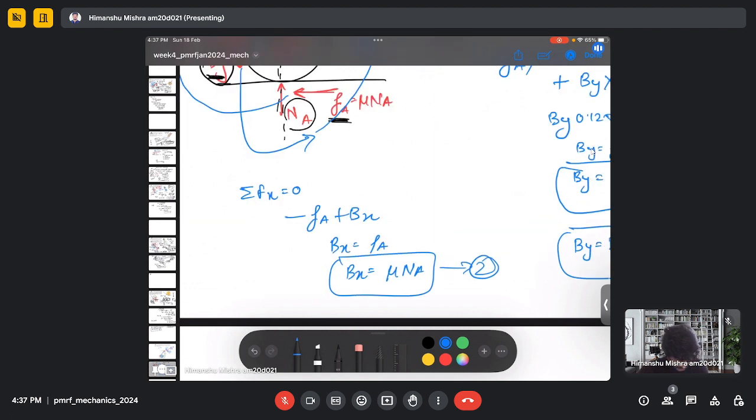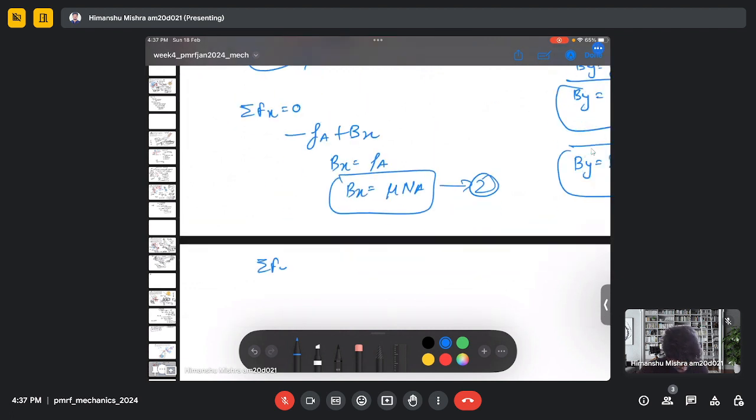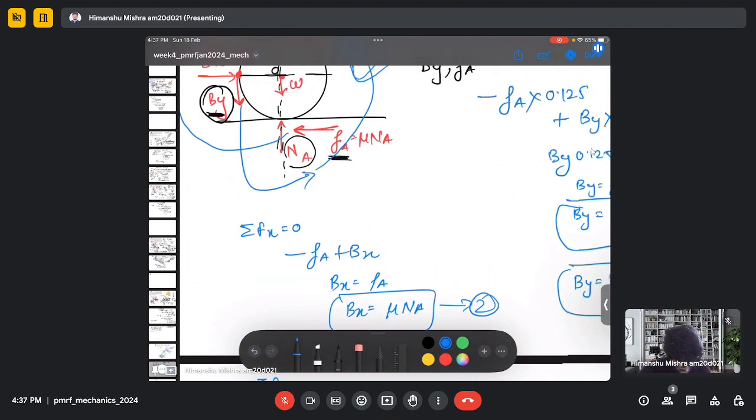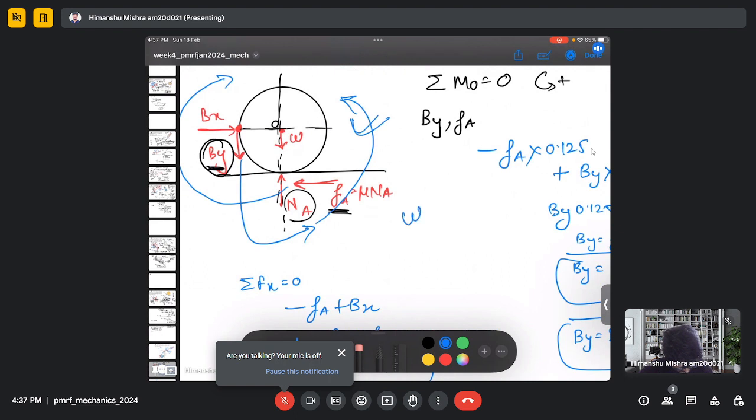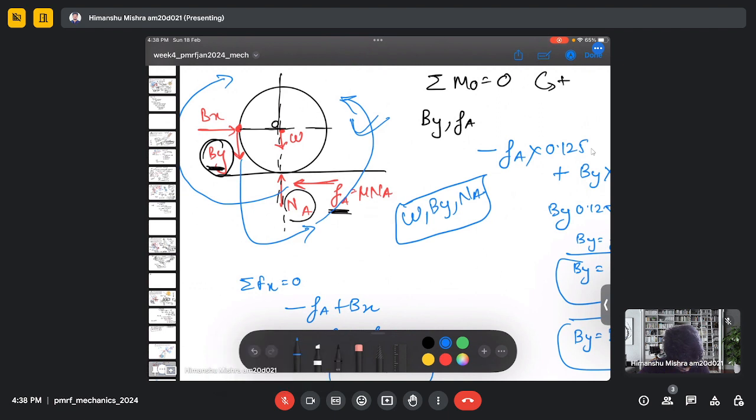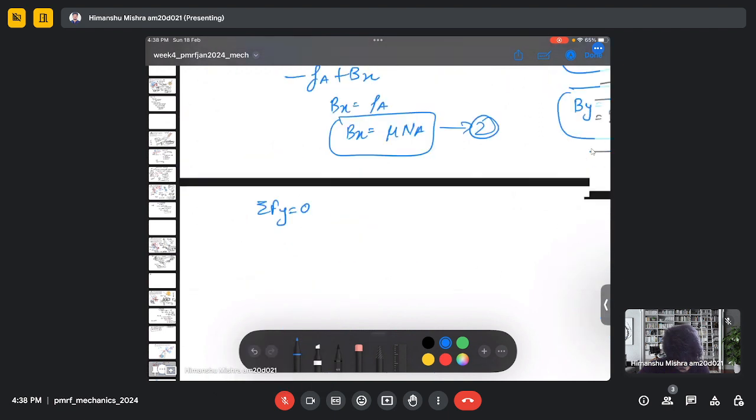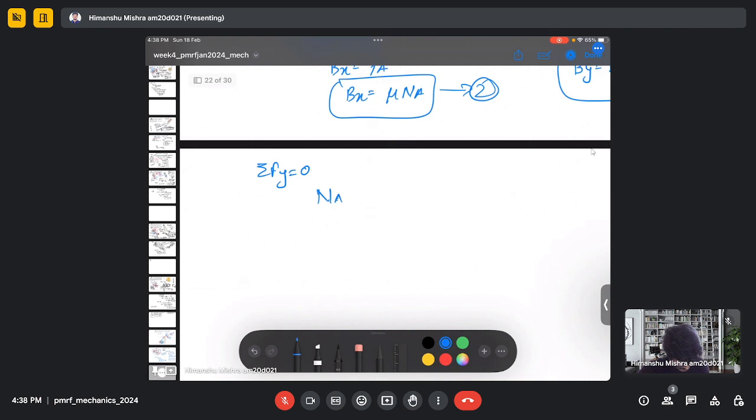So now we do the summation of force in the vertical direction to see if we can get NA. So in the vertical direction we have W, we have By, we have NA. We have three forces. So it will be NA minus W minus By equal to 0.